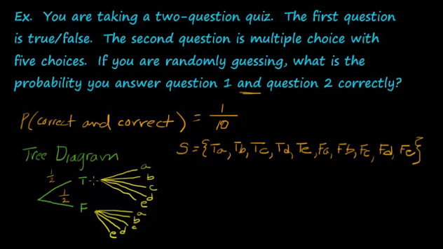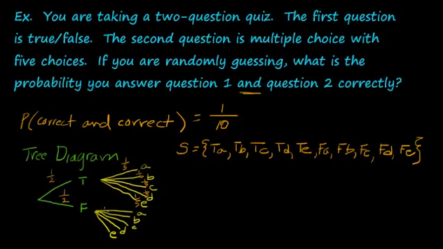Okay, so on the next branch, our second question, then the question is, what's the probability that A is true? Well, A is 1 question out of 5. So I didn't leave enough room here, but each one of these little branches would be the same probability, correct? 1 out of 5 all the way down. See if I can fit those in.